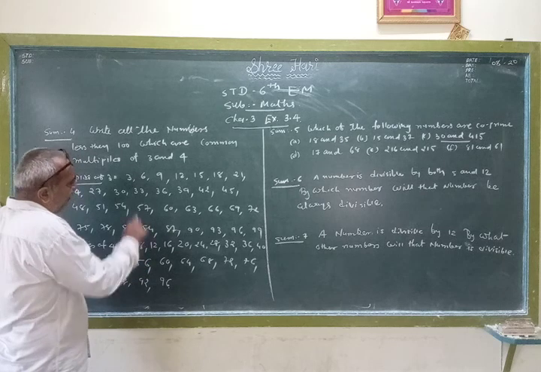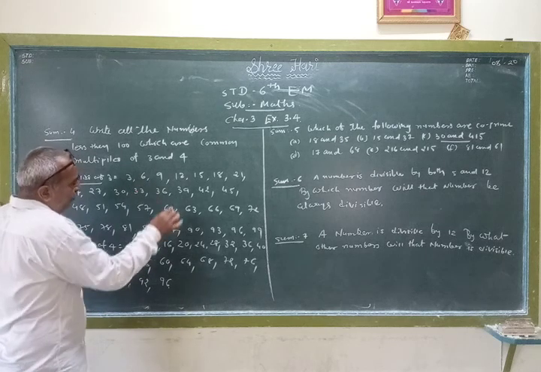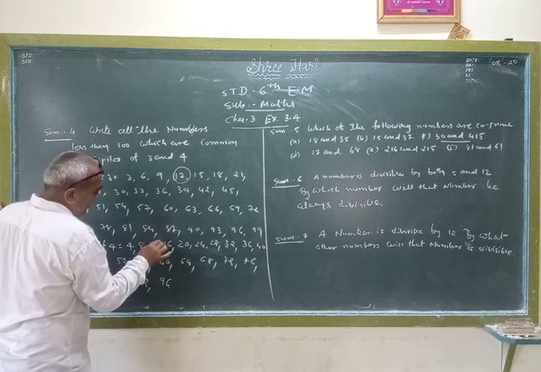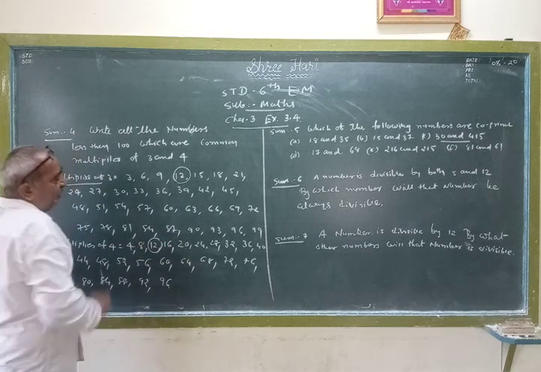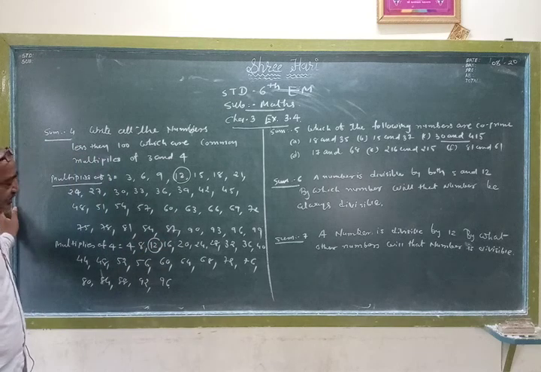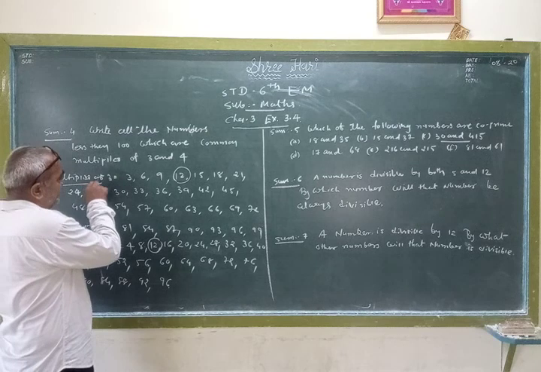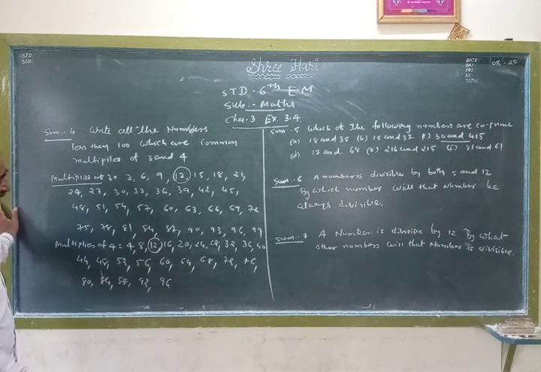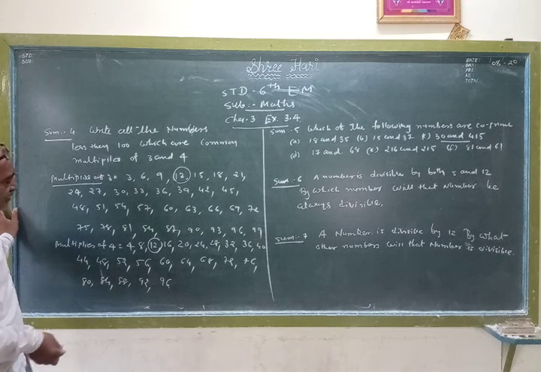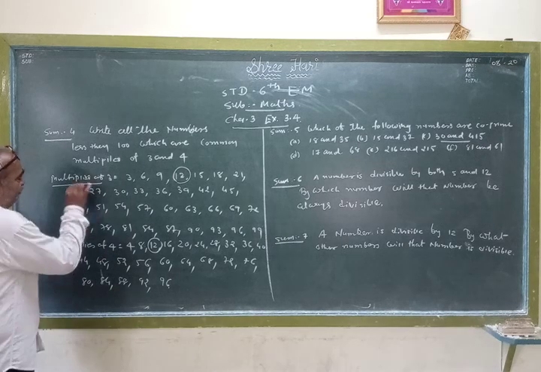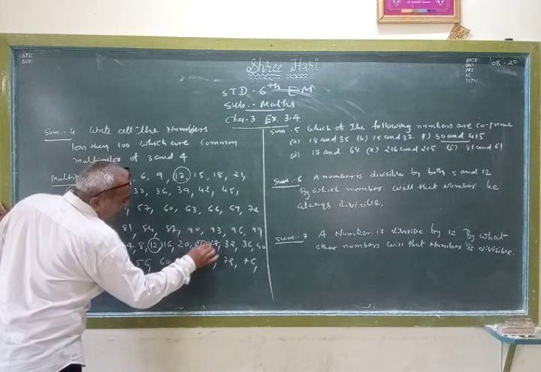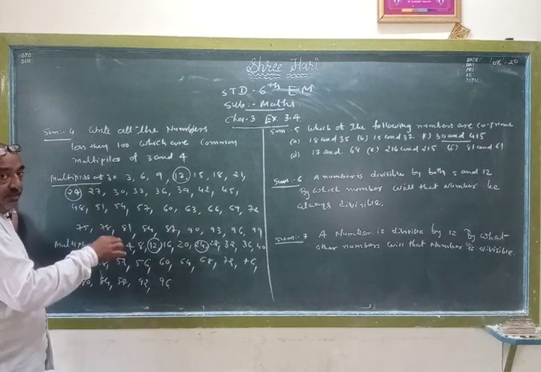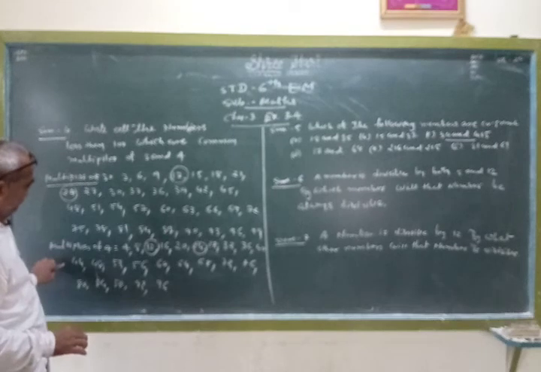Here 4 and 8 but here not 4 and 8. So the first common multiple is 12, because 12 is in the multiples of 3 and multiples of 4. After 12, which number is common? You can look here, 24. Like this we have to find common numbers in both.